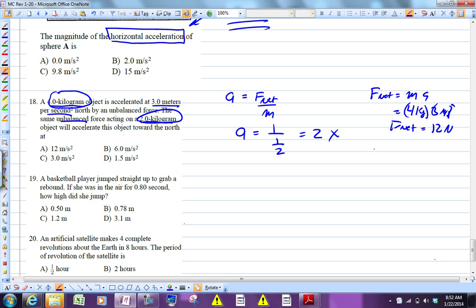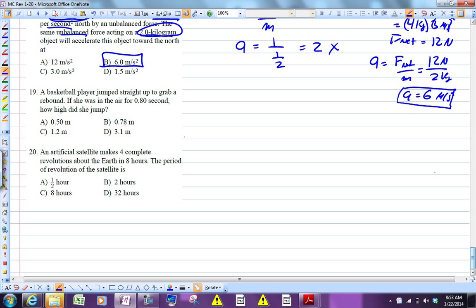Well, on that second object, if you want to know the acceleration, F net over m, that's going to be an F net of 12 newtons over a mass that's now only 2 kilograms. That's going to give you an acceleration of 6 meters per second squared, which, as you'll notice, is twice the acceleration before. So the answer is going to be 6.